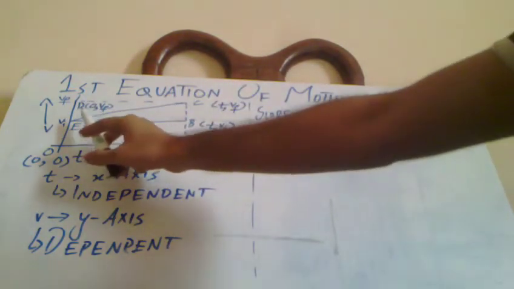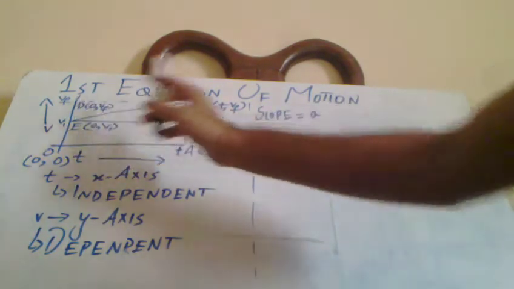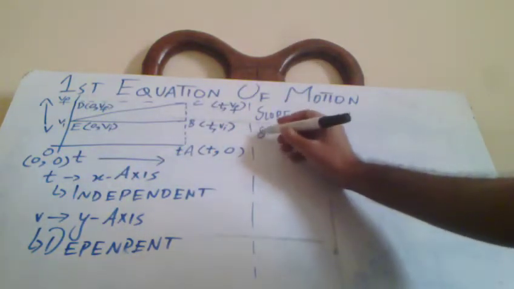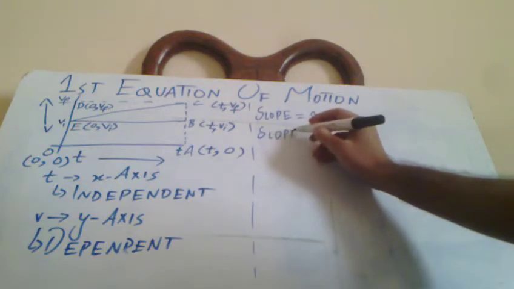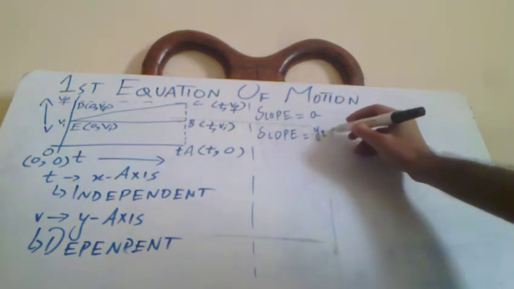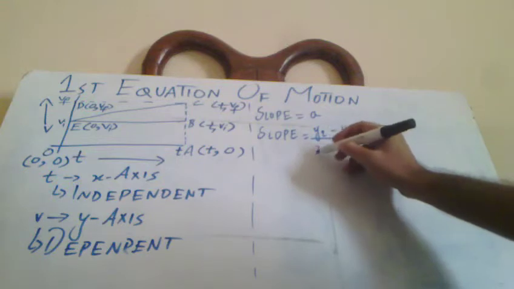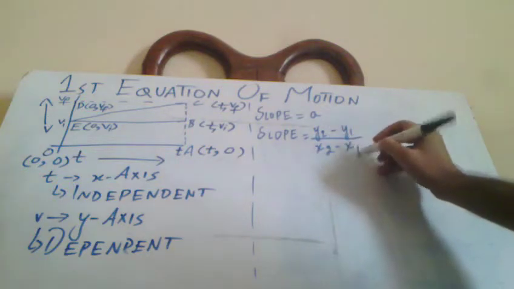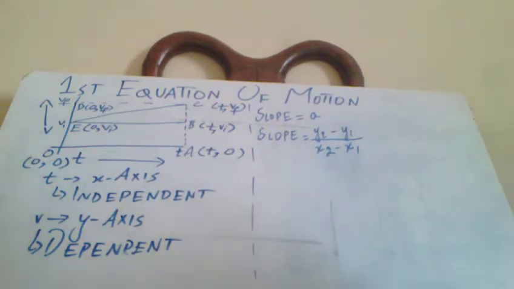So we will consider this line EC for the slope, and as we know the formula of slope is y2 minus y1 divided by x2 minus x1. So we define y2, y1, x2 and x1.